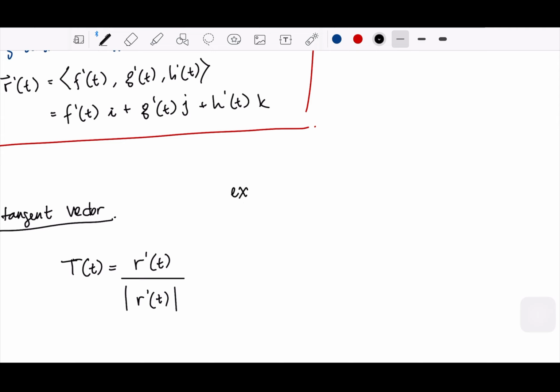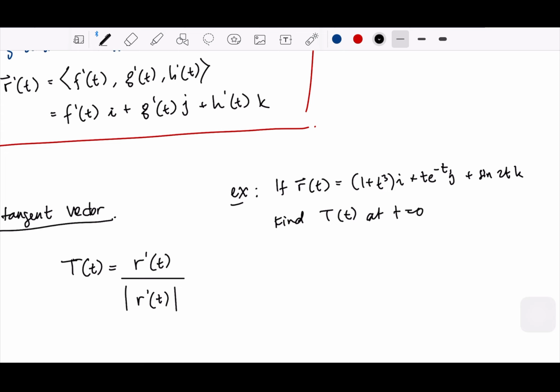Let's take an example. Let's say we have the vector function r, find the unit tangent vector at t equals 0. First, we can differentiate the r.